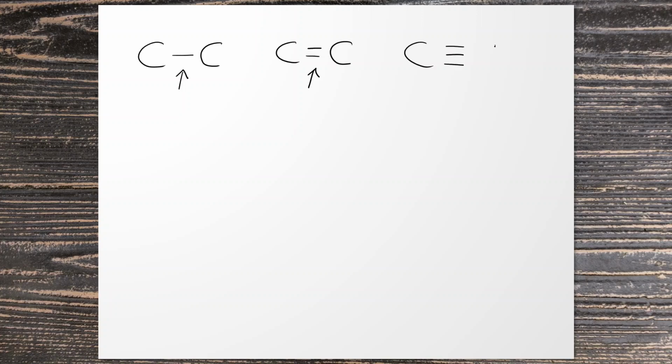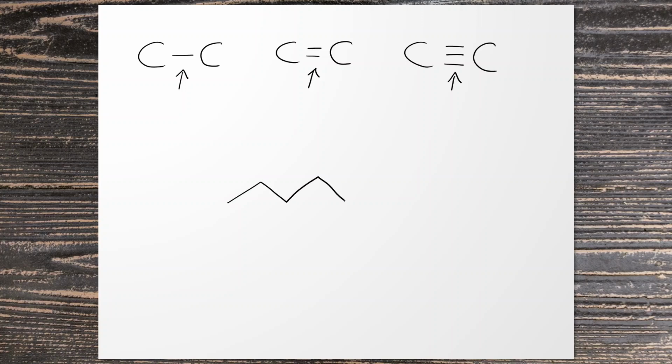It's shown with three lines here. Now you may have all three in a structure, all single, double, and triple all in one structure. You may have one, you may have two, but each of them is represented just by the lines between the atoms. So let's talk about a structure that only has single bonds.